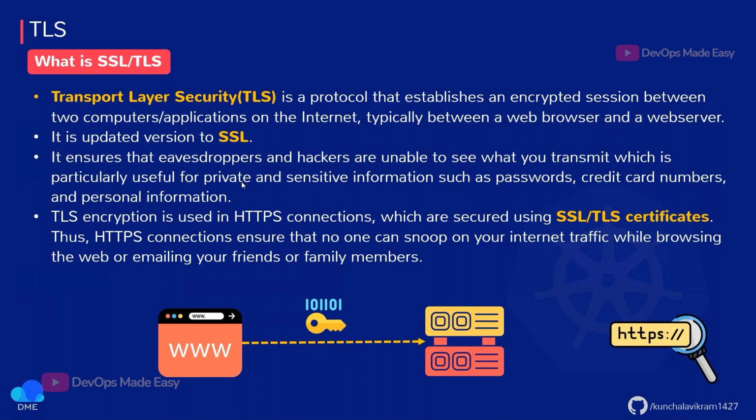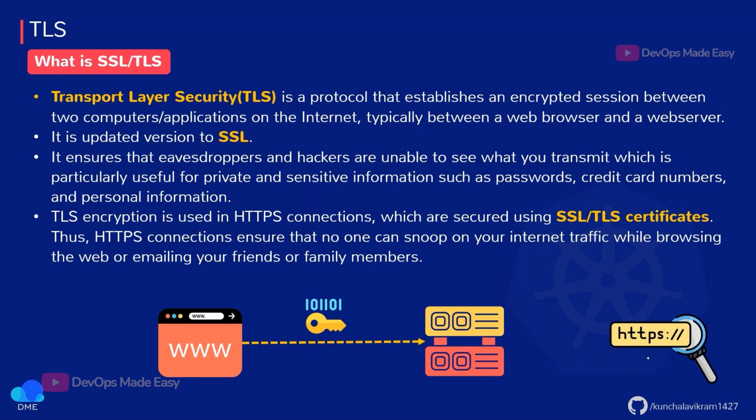Also, TLS ensures that eavesdroppers and hackers are unable to see the data. Of course they can see the data because it goes through the network, but they cannot decode it because it is all encrypted. And we should definitely visit sites only with HTTPS. This is a secure form of HTTP. Again, we will come back to it.